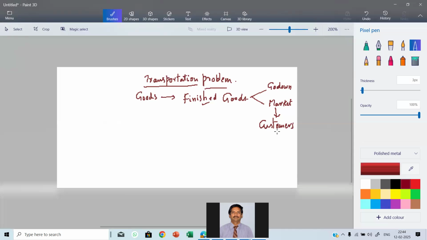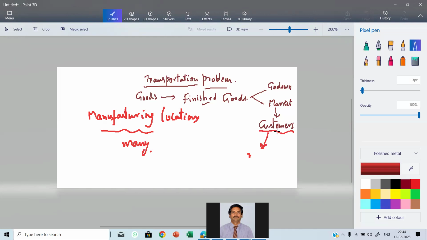Now, let us suppose that your manufacturing locations are also diversified. Manufacturing locations, there are many. Customer locations, there are also many.